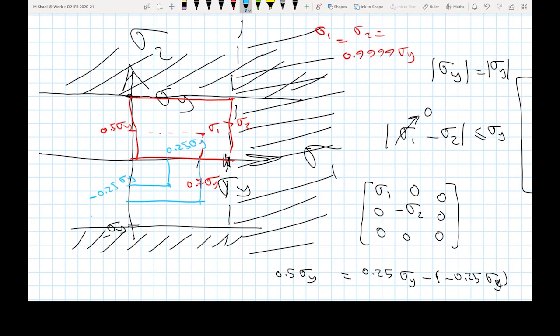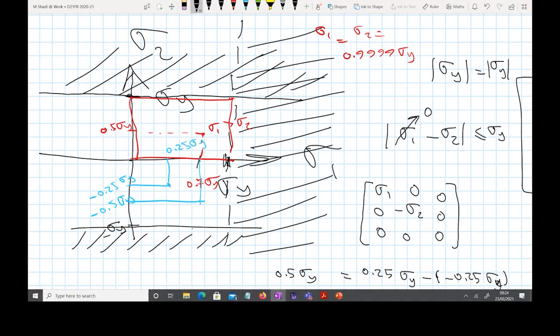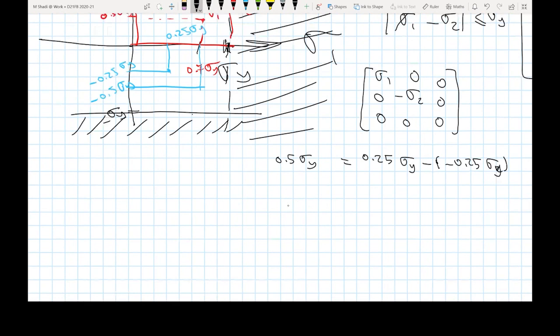So you have 0.5 added to 0.7. If you compare 0.7 added to, I probably just write minus 0.5, this is sigma y and sigma y. So this is 1.2 sigma y, and this is certainly larger than sigma y. So if you take this point, then you will see that this is a yield point.